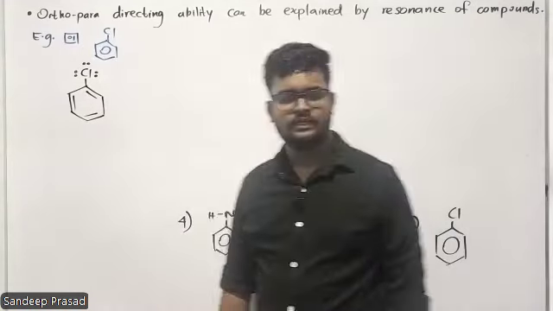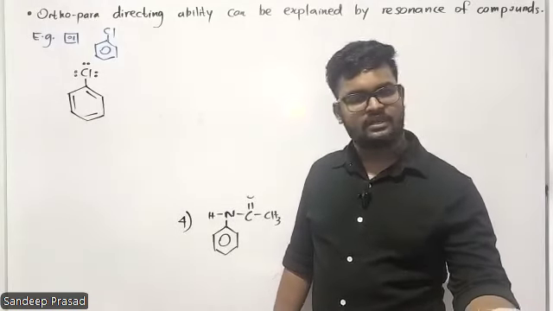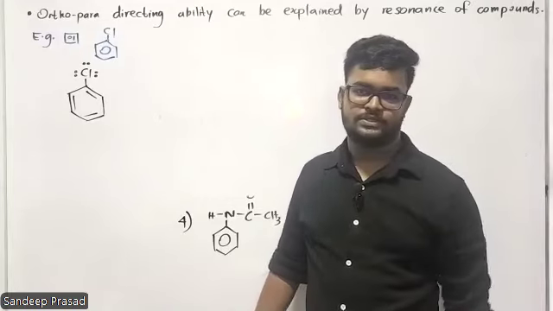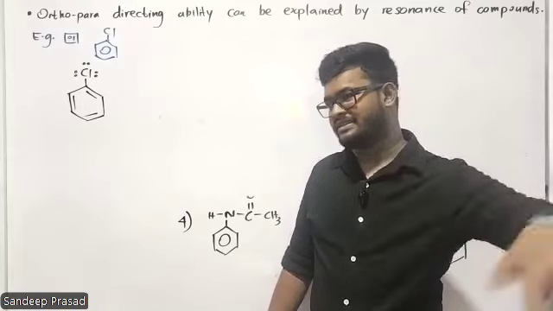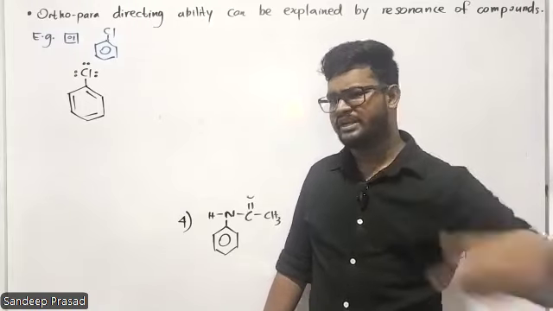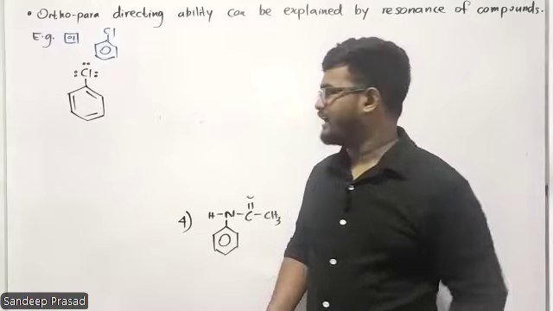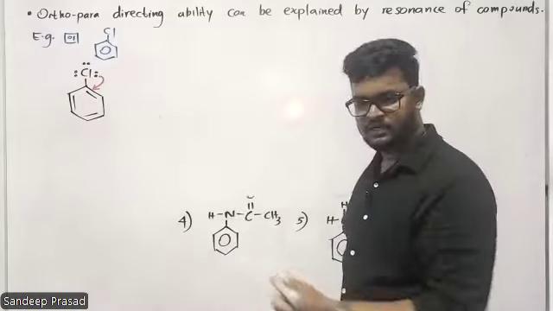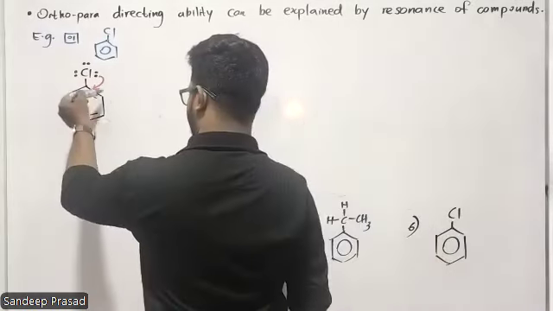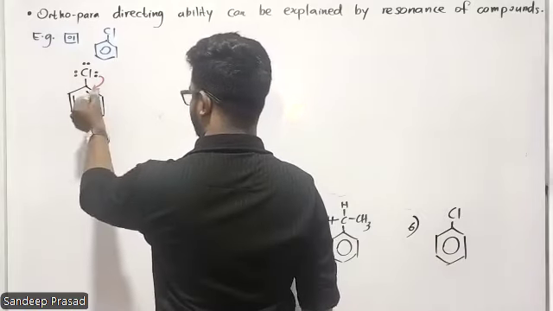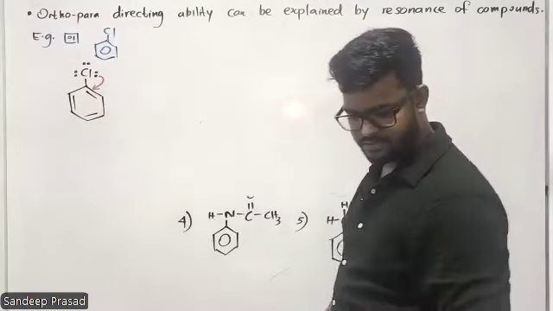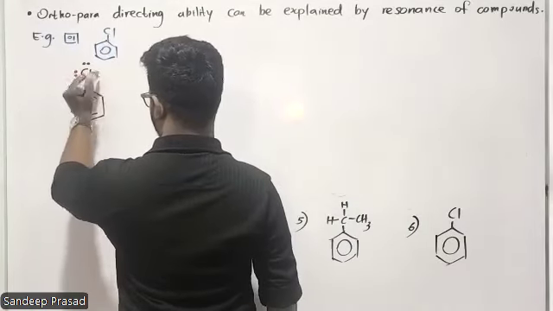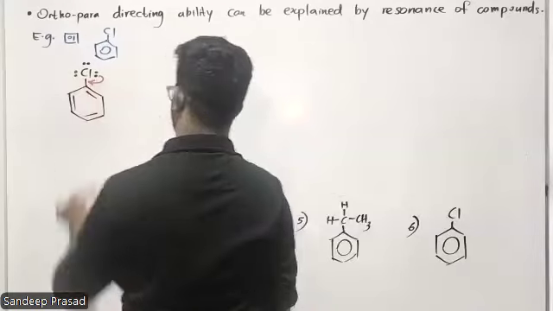Now we know that an ortho-para directing group means the one who is giving electrons for the benzene ring. Electron repulsive groups, right? Electron repulsive means they tell that I don't need electrons, you take. So likewise, it's giving electrons for the benzene ring. Then this double bond, now these electrons are given for the benzene ring in this way.